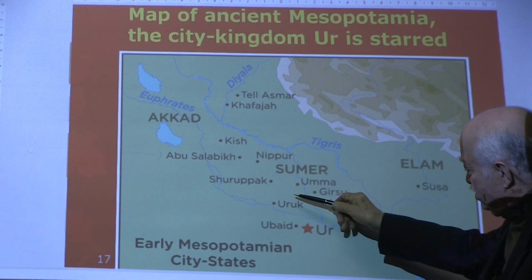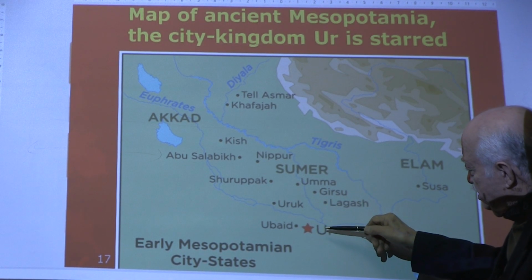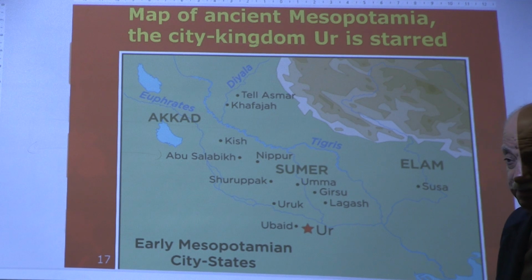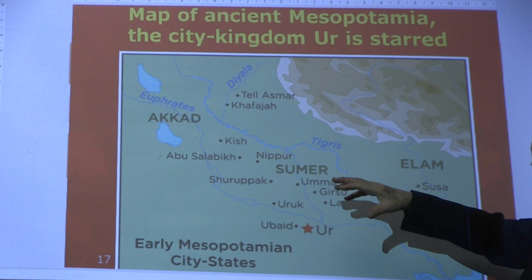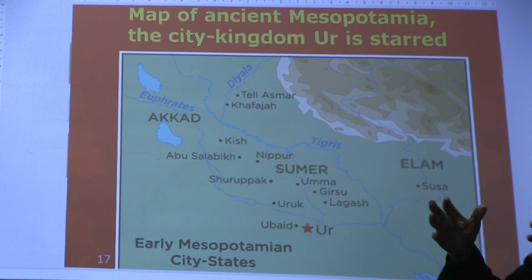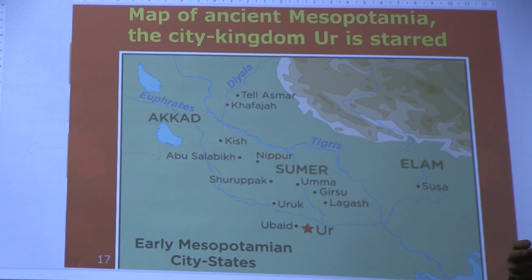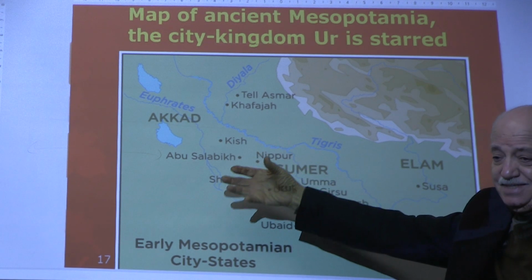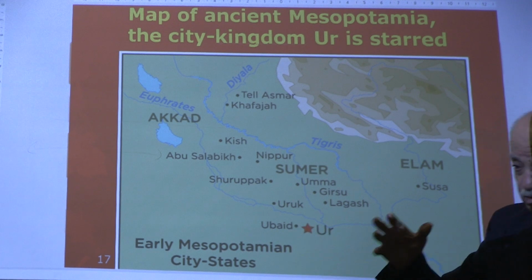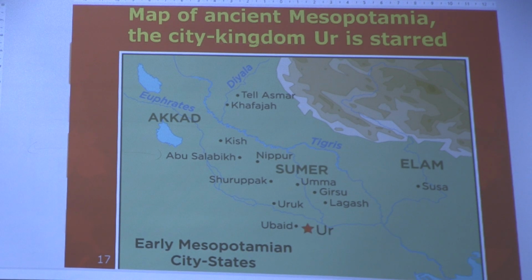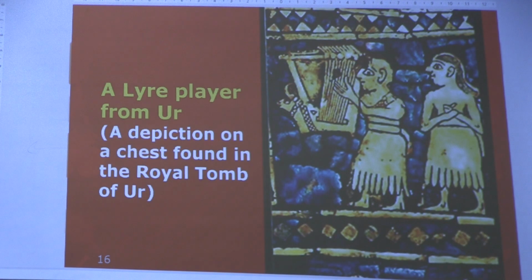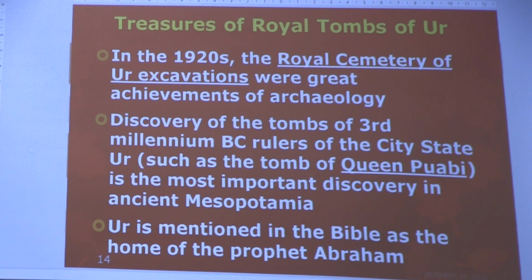So these are very important Sumerian city-states. In Mesopotamia, Sumerians did not have a big empire. Usually they had small city-states, and Ur and Uruk were the most important ones. But the civilizations usually developed there. We will see how much gold they produced.